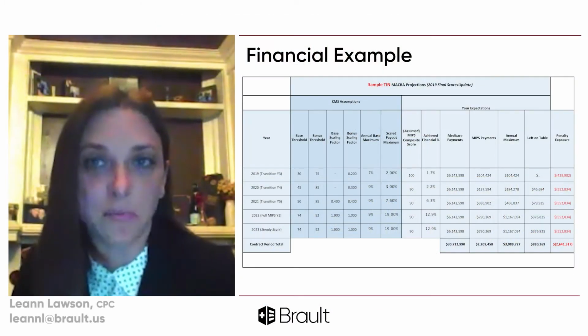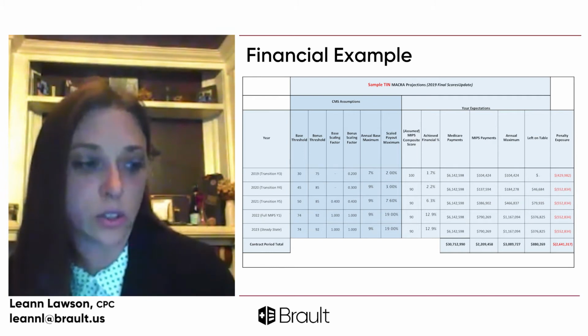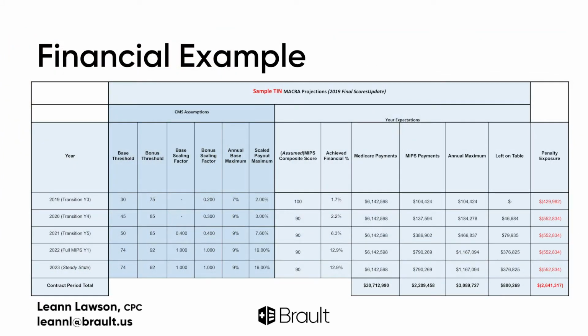So for a financial example of a modest-sized group, around 250,000 visits and 20% Medicare reimbursement, 2019, as we just outlined, with COVID, 1% of our providers receiving penalties. Really, the only reimbursement or incentive that we saw was for the exceptional performers.